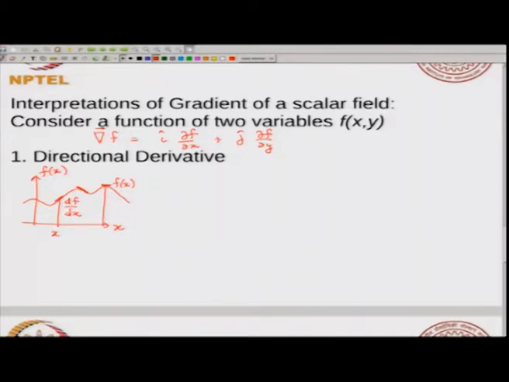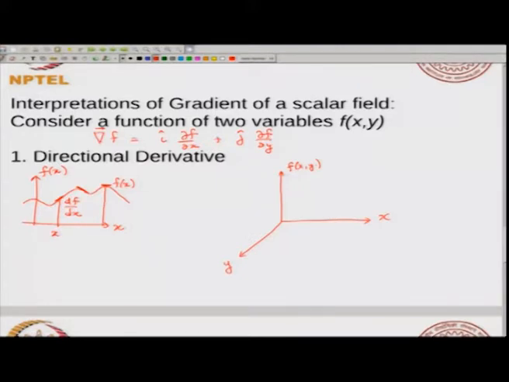So suppose you have a function of more than one variable. Now it is slightly more difficult to draw, but I will try. If you have the x axis and the y axis, imagine this is the xy plane which is perpendicular to the plane of this paper, and I will draw the function in the third direction. For every given value of x and y, this function has some value.